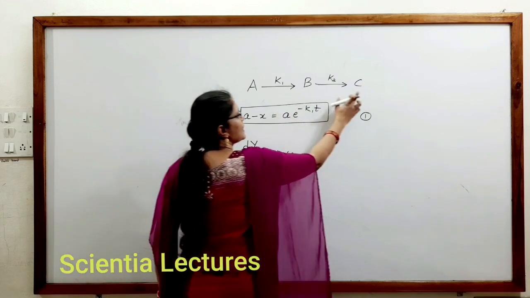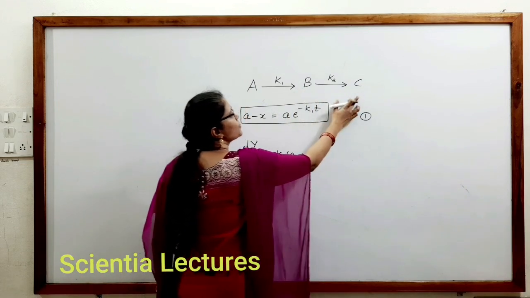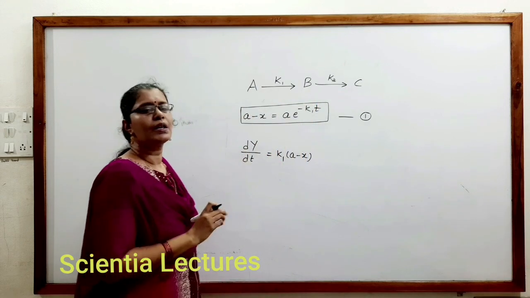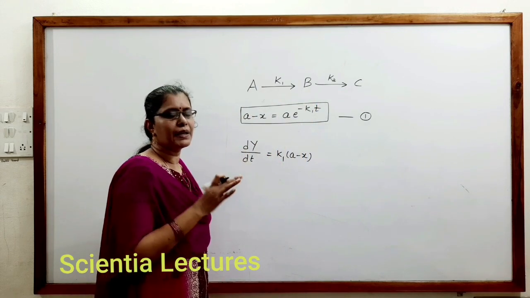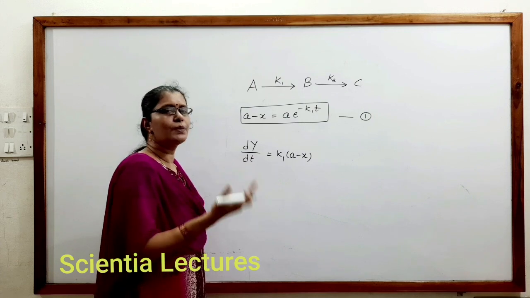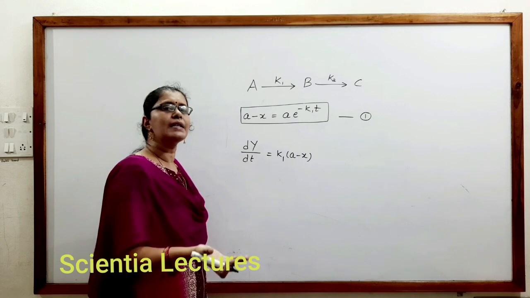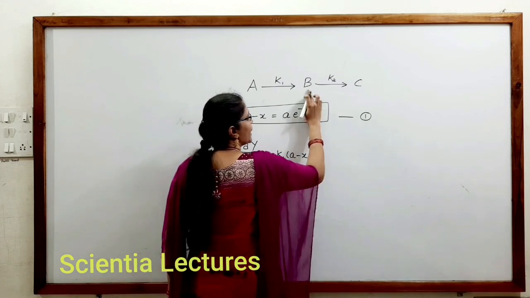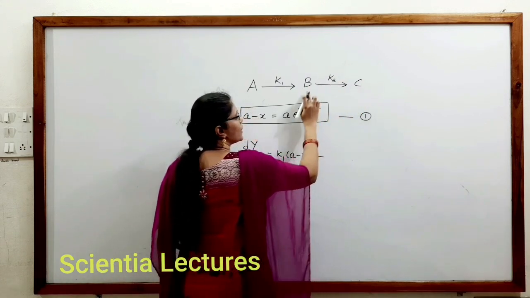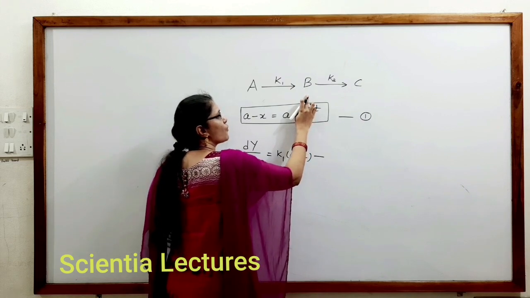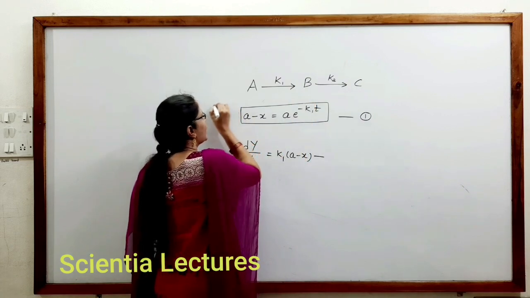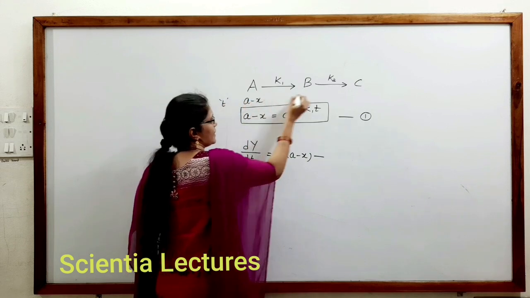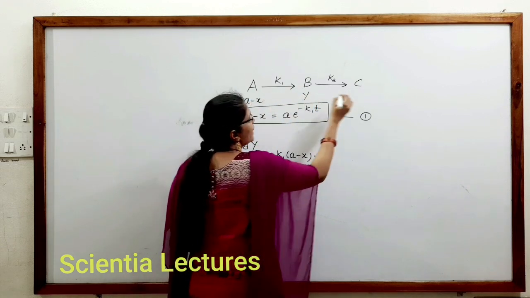From B to C, what has happened to B? It has been consumed. From A to B it is produced, and from B to C it is consumed. So minus the rate of reaction from B to C, which is K2 into the concentration of B at an instant T, that is y.